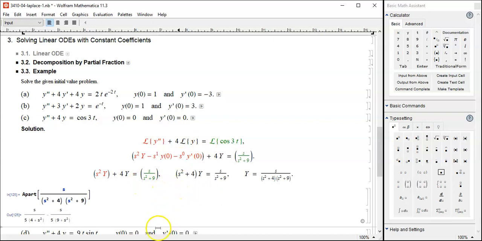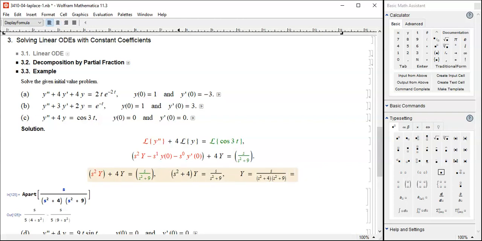And what did I get? I got s over 5(s squared plus 4), or let me write it as 2 squared, minus s over 5(s squared plus 9), or 3 squared.